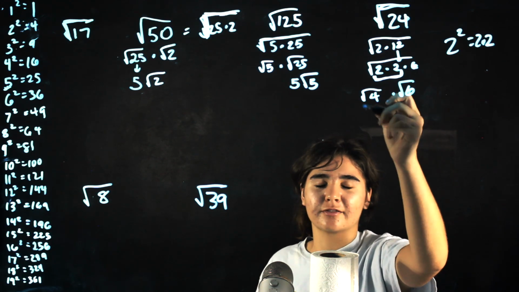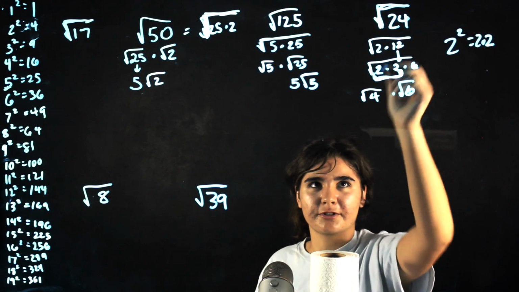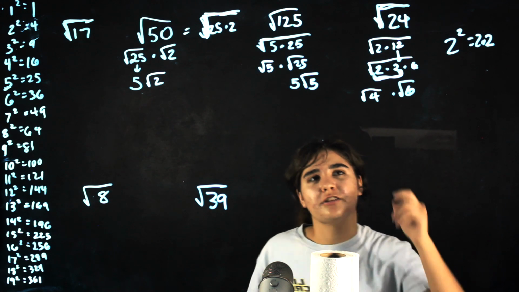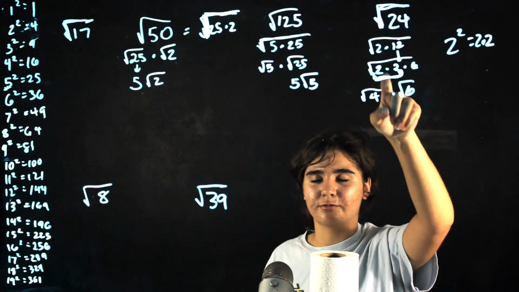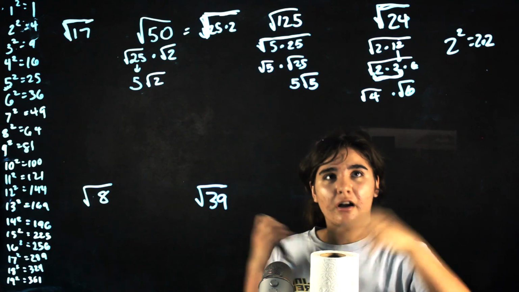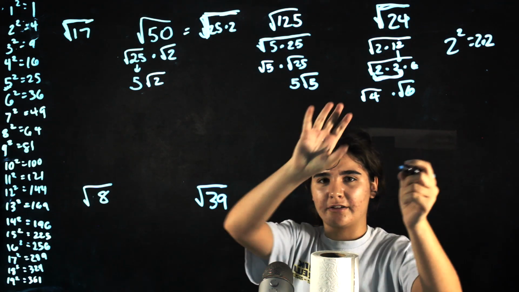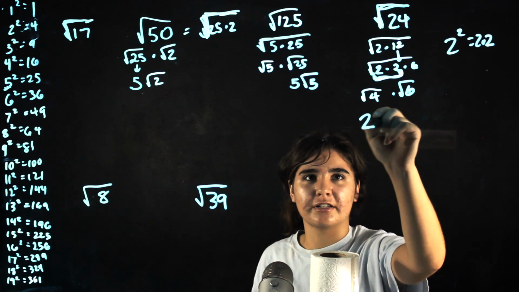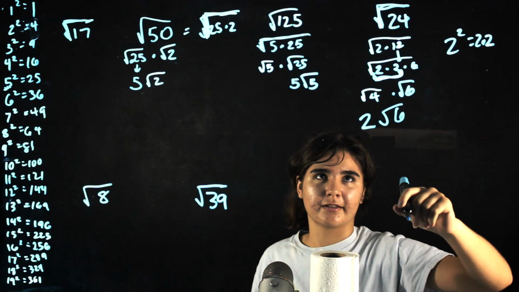And we know that rad 4 is a perfect square because it's just 2 times 2. So basically, when you are breaking down the radical and you come across something like this, where you have pairs of numbers inside the radical, automatically that means that you can kind of take it out of the radical, simplify it, and you're going to get 2 rad 6.